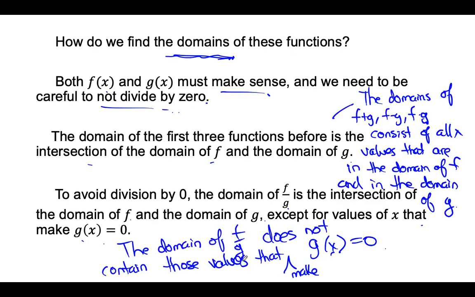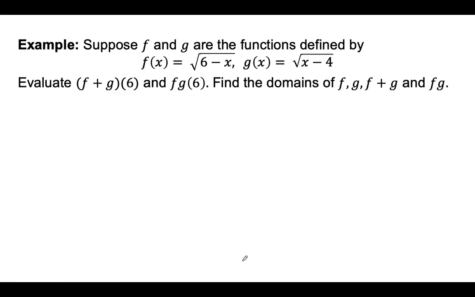So I had to just say a few things about these domains. It's easier when we apply it to an actual example, to get a flavor of what we're doing. So suppose F and G are like these functions defined.